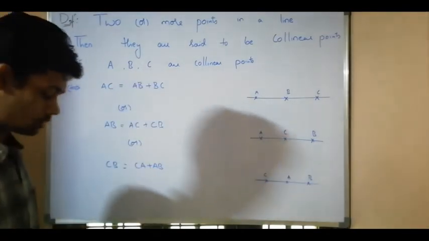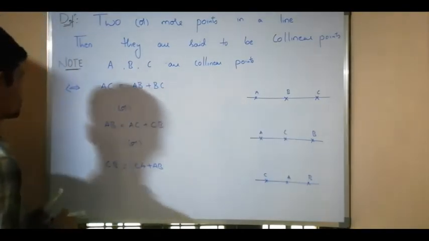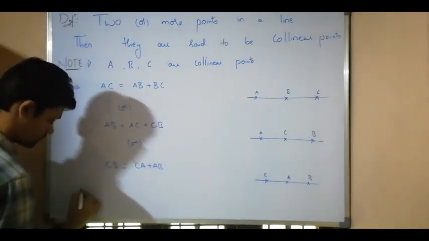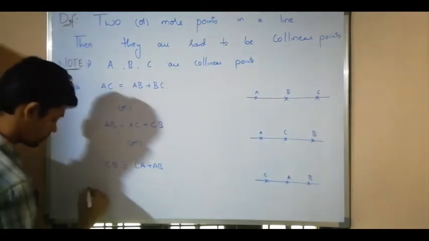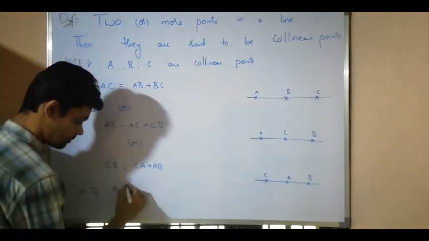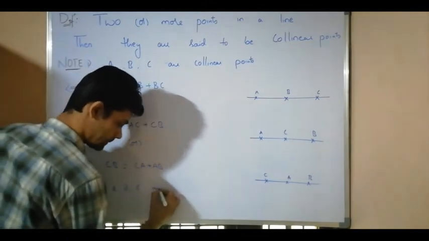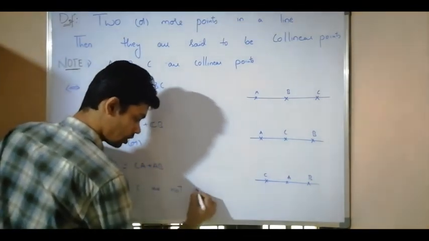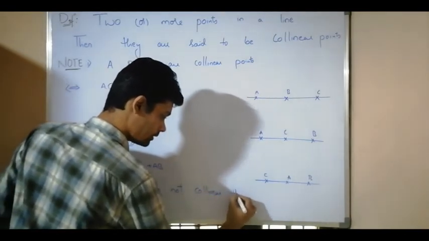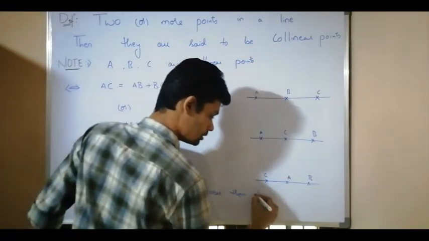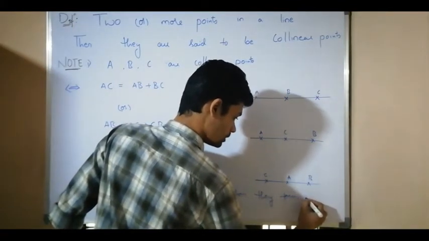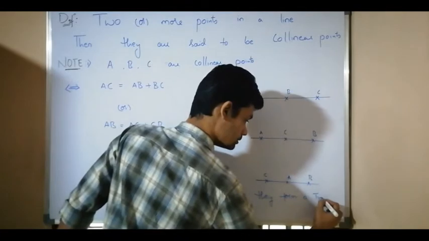Note, another note. This one is the first one. If A, B, C are not collinear, then they form a triangle.